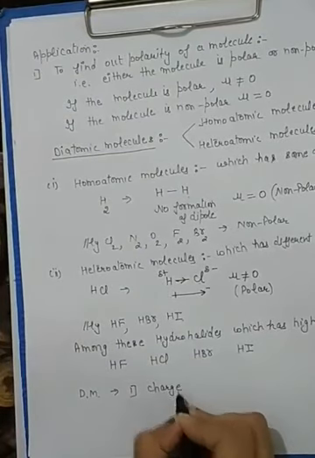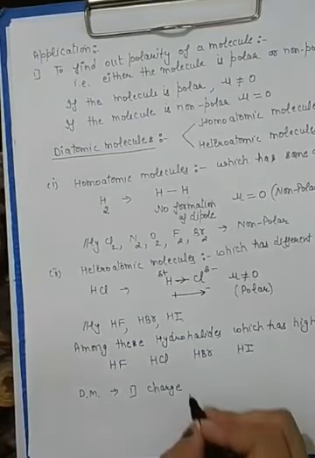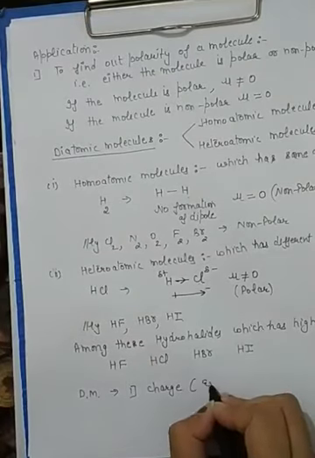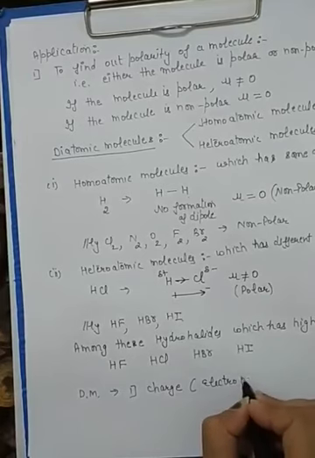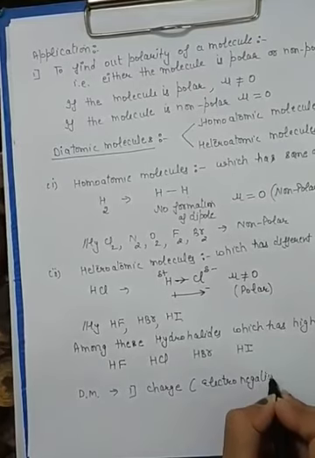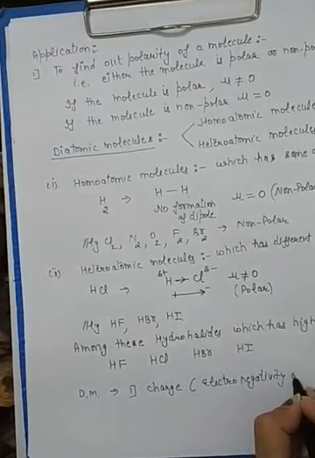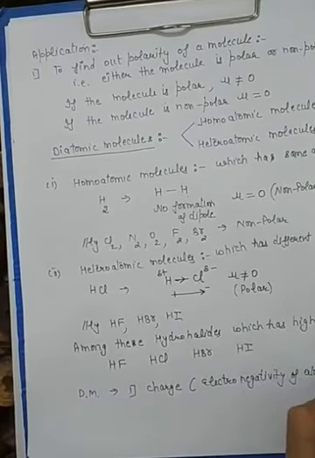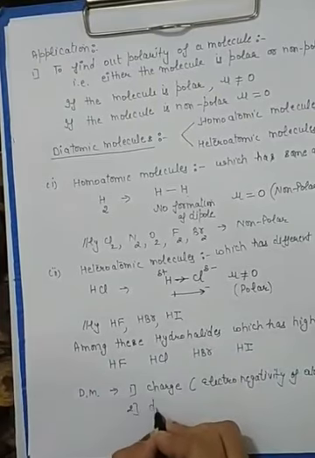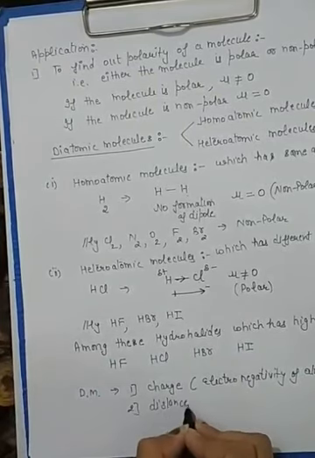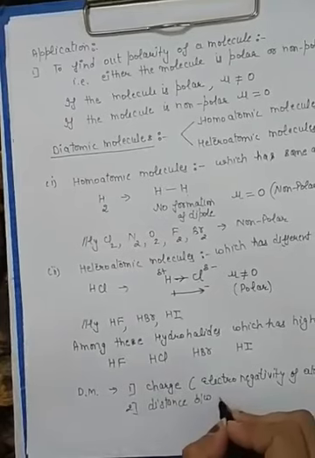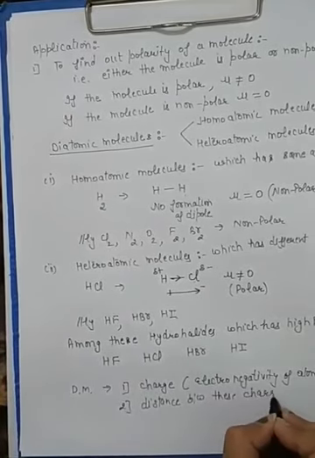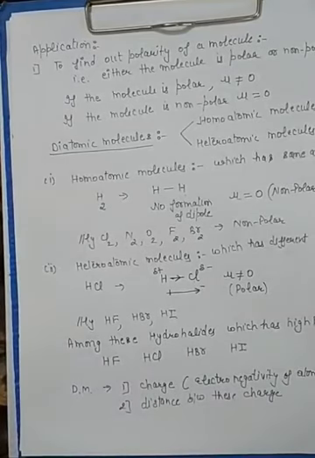First one is charge, or we can say electronegativity of the atom, and the second one is the distance between these charges from their center.